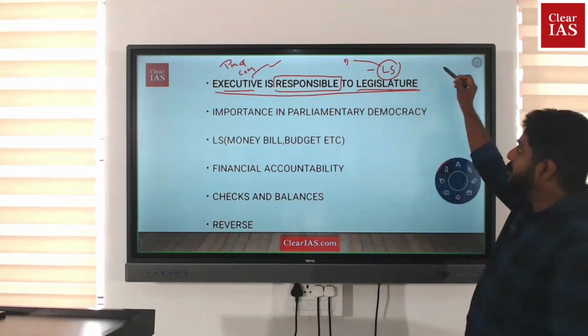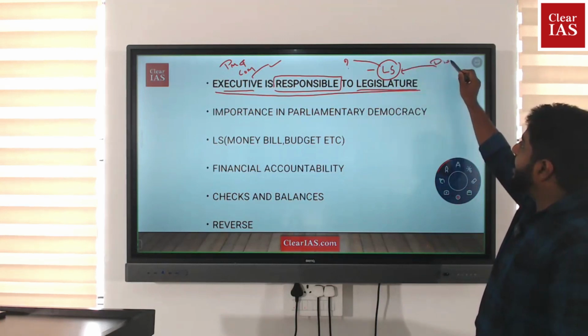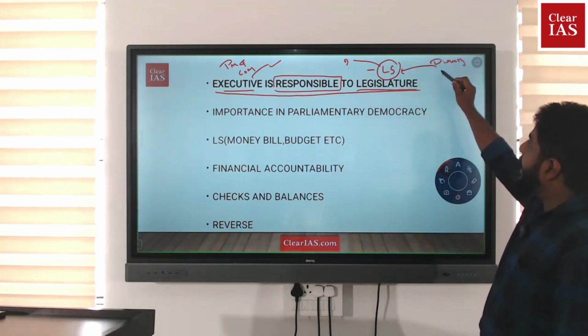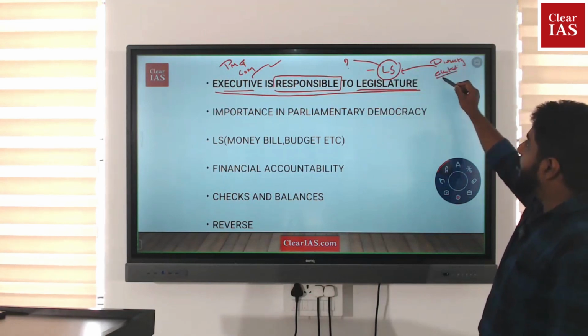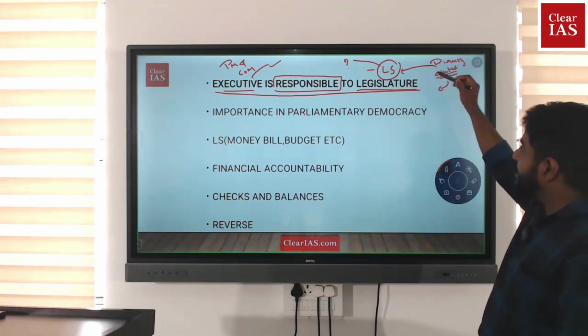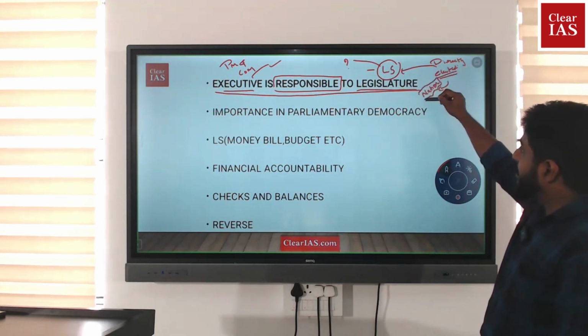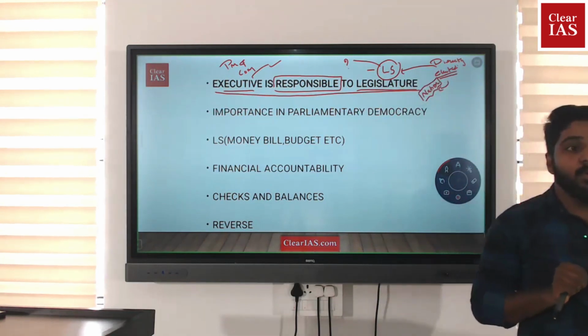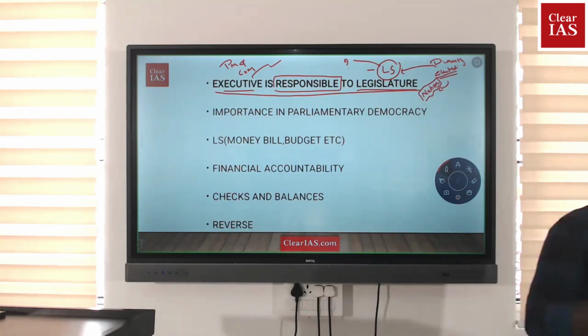Because Lok Sabha will have the directly elected representatives, isn't it? The directly elected representatives will be contributing to the Lok Sabha. In other words, what the nation thinks, the mentality of the nation, or with whom the nation is standing, that you will reflect from the Lok Sabha, isn't it?